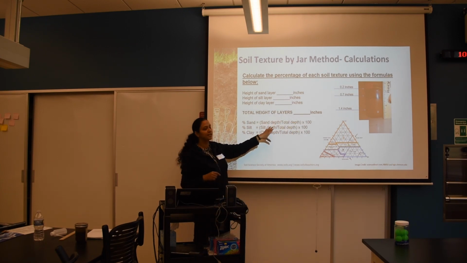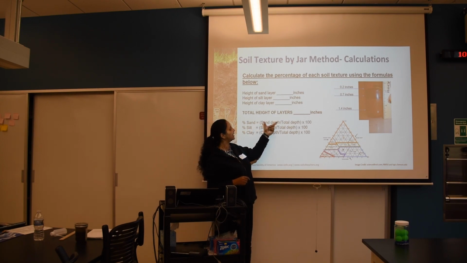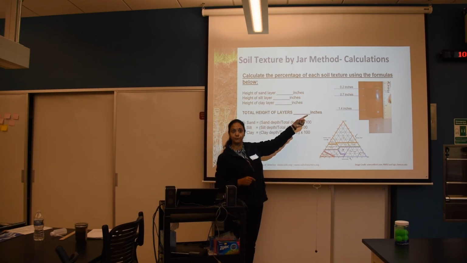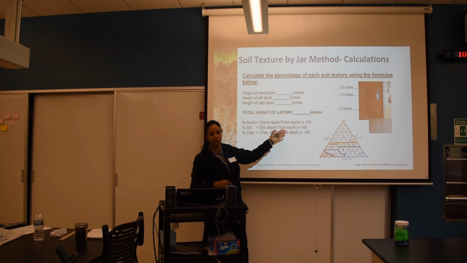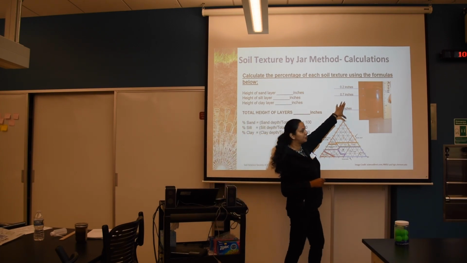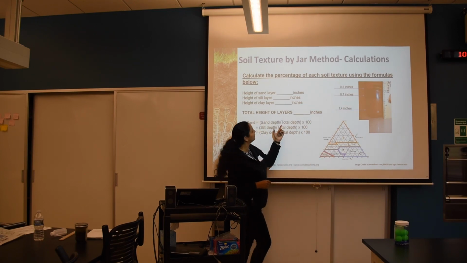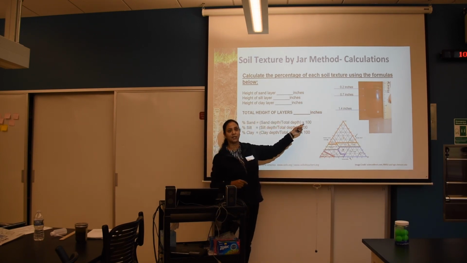Then use this methodology to determine the percent of sand, silt and clay. How that is going to be: take the sand depth, which is 1.4 inches, divided by the total depth, which is about 2.3, right? 1.4 out of 2.3 of total, multiplied by 100.